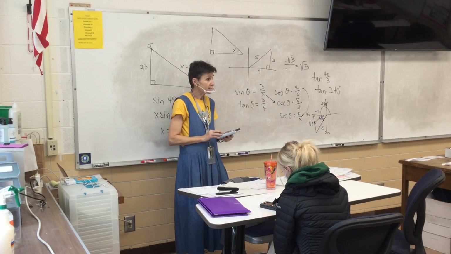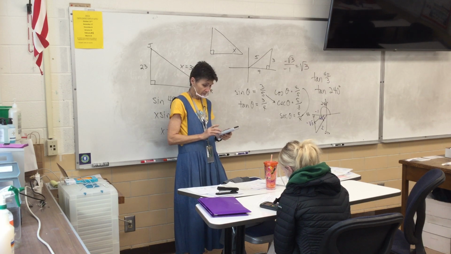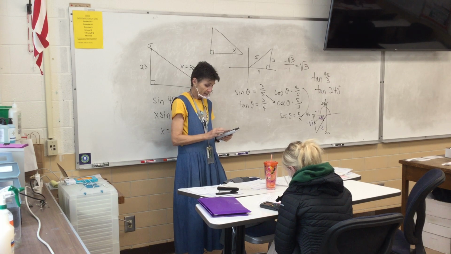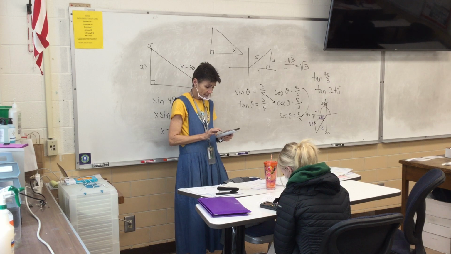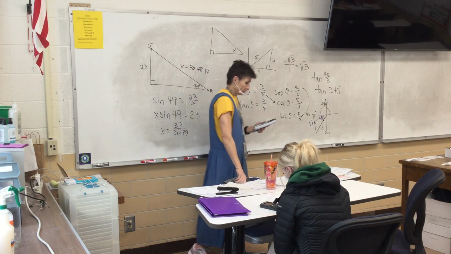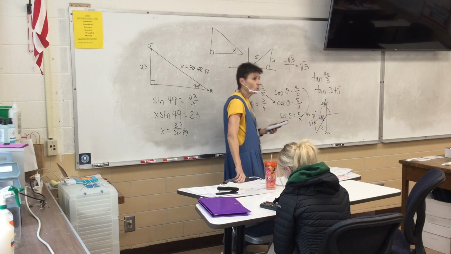And then secant is 1 divided by cosine. 5 pi, use your pi button, divided by 17. I got 1.6594.